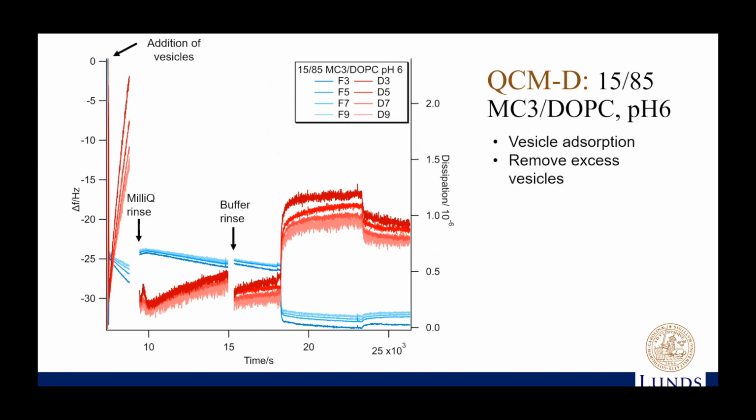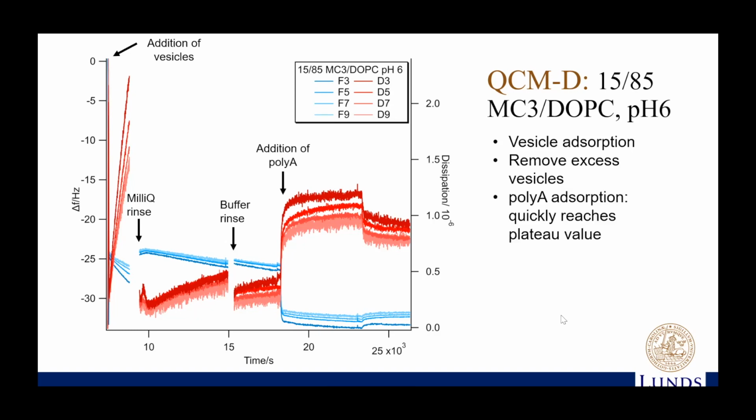What we can see from the bilayer deposition is we get fairly typical frequency and dissipation shifts expected for a bilayer. And then after flowing over with a buffer to set the pH, we then flow through poly-A.